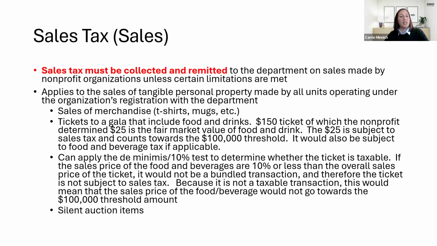So if you're selling swag that has your name on it, or if you're selling tickets to a gala, a fundraiser that includes food and drinks, technically those are tangible items that could include sales tax. However, there is a de minimis rule here that's on the screen that you can apply.